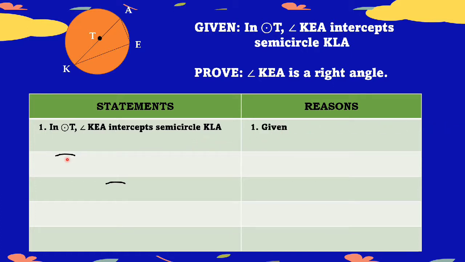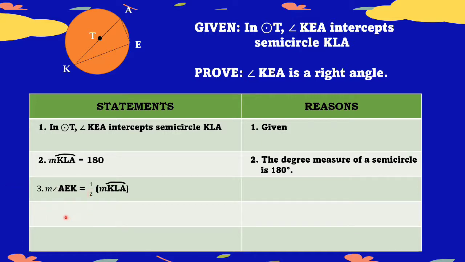With that, our number 2 statement will be the measure of arc KLA is equal to 180 degrees because KLA is a semicircle. Our reason now is the degree measure of a semicircle is 180 degrees.